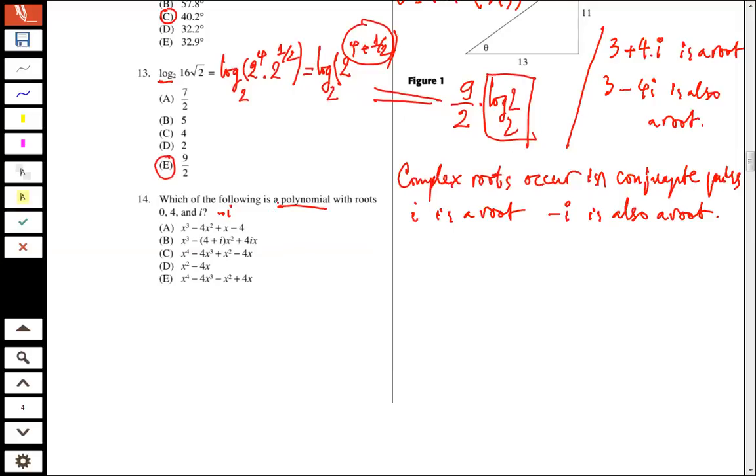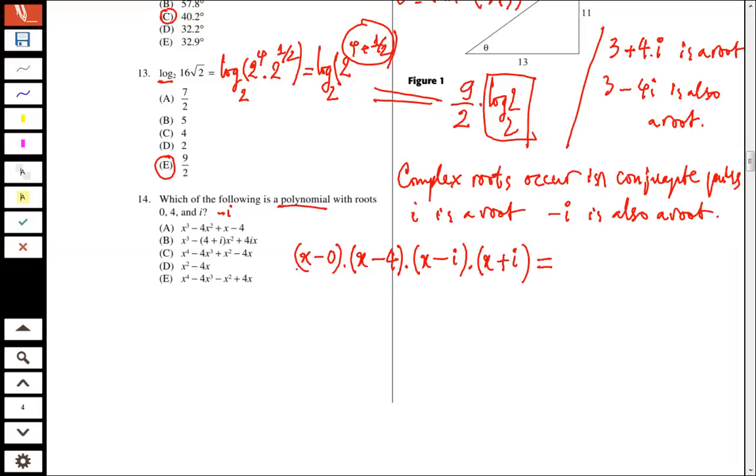Hence, we will write x subtract 0, times x subtract 4, times x subtract i for the root i, and times x add i for the minus i.